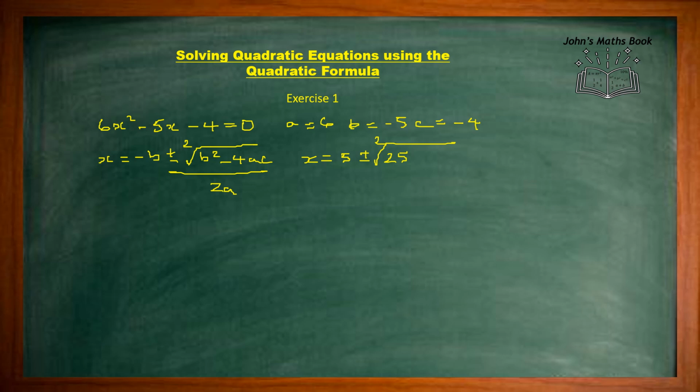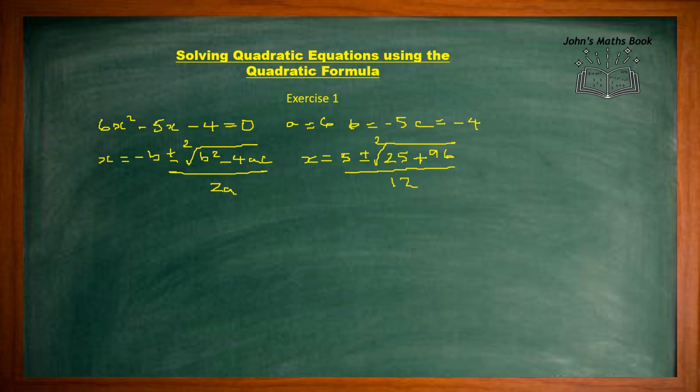And 4ac is 4 times 6, 24, times c, which is minus 4, gives minus 96. And as we have a minus 4ac, it becomes plus 96, divided by 2 times a, which is 12.